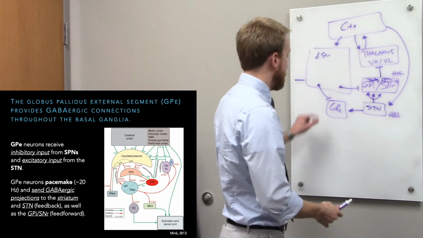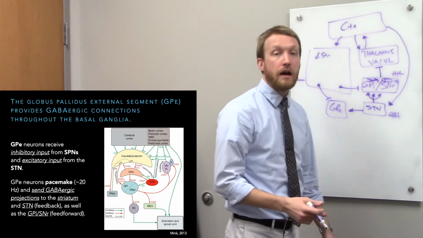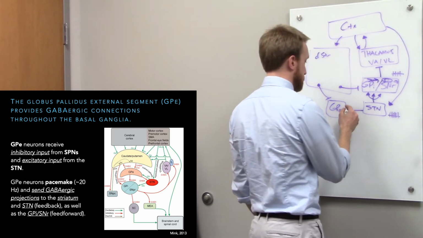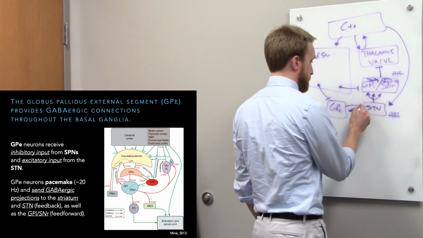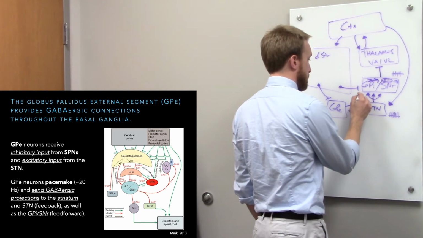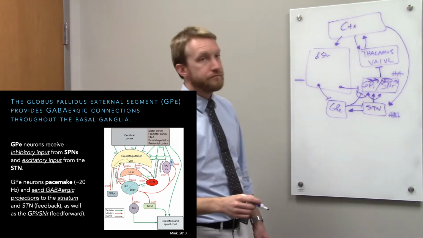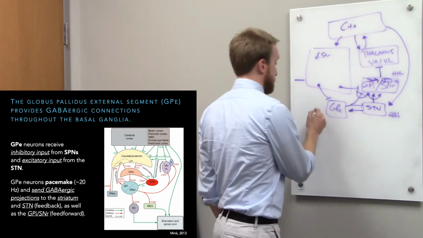Almost done here. The external globus pallidus is going to provide a kind of diffuse input to the STN and the output nuclei. These also pacemake.